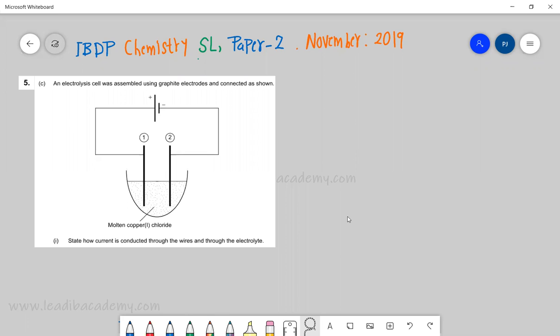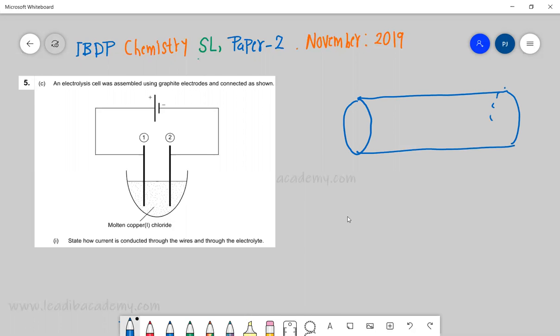Okay, very, very simple. We know very well that in the wires, that means we are talking about the metallic wire, there are a lot of free electrons. I'm just showing electrons with the negative charge.